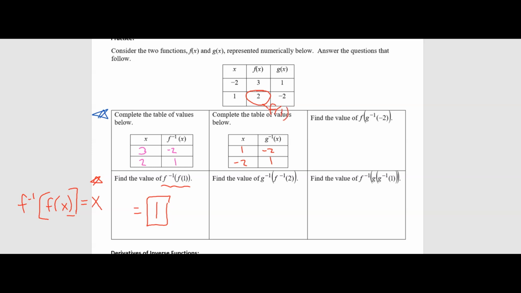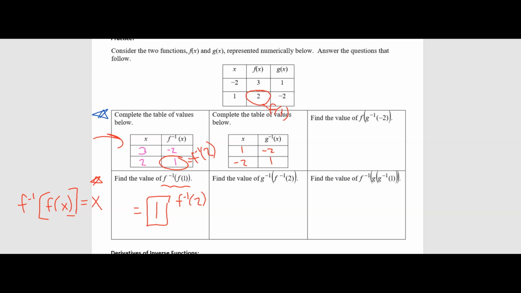So if I substitute in 2, then I'd have f inverse of 2, and I'd come over to this table. My f inverse of 2 is 1. So again, you can check your work there, but you can also just know the answer immediately if we understand that relationship between the function and its inverse.